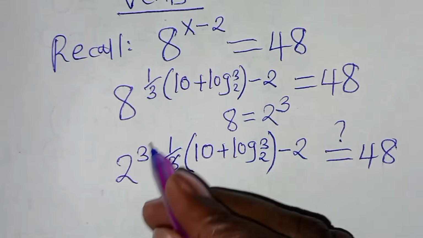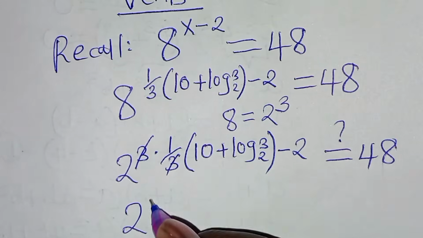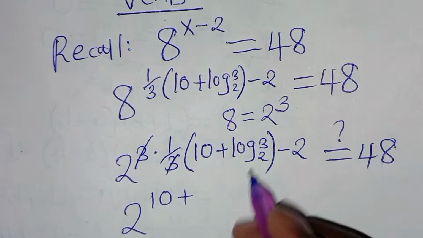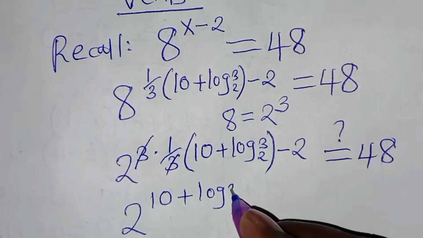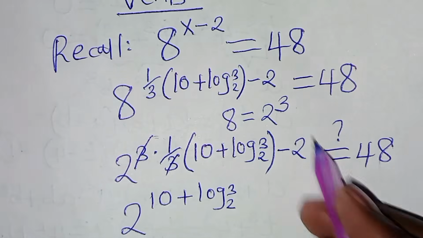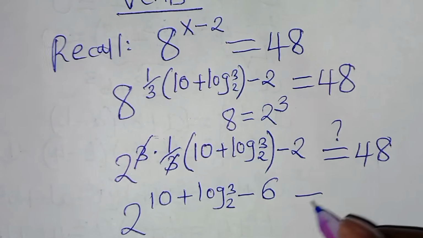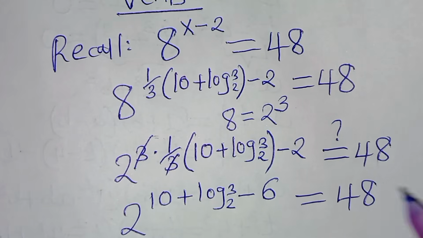So let's simplify here. This implies that we have 2 to the power 10 plus log 3 to base 2, then we have 3 times 2, so here this is minus 6. This should give us a value of 48.